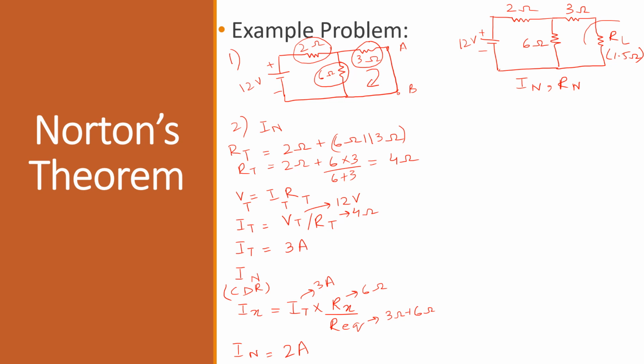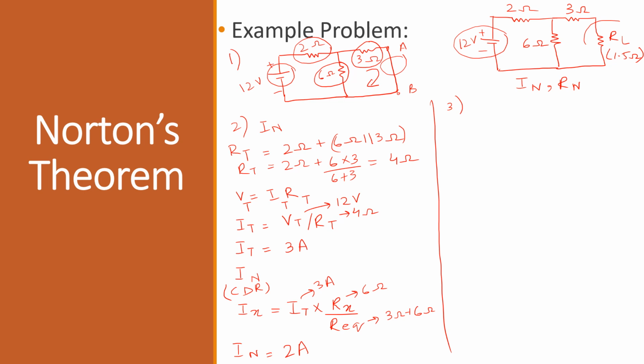Now what will you do in next step? In next step, you will open all current sources, short voltage sources, and open the load resistor. As you can see, there is one voltage source in this main circuit, and there is your load resistor which you have shorted. It means you have to open this load resistor.